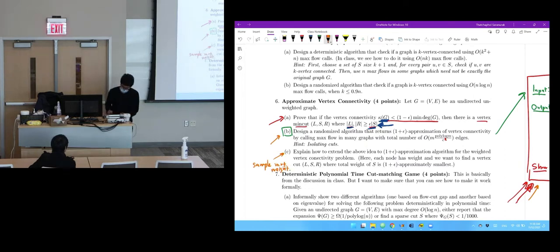You can prove 6A for the weighted case too. Basically, if the weighted min cut is much smaller than the weighted min degree, then the weight of L is going to be at least the weight of S. So you just go through it.